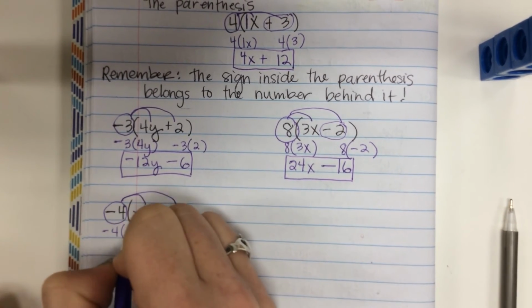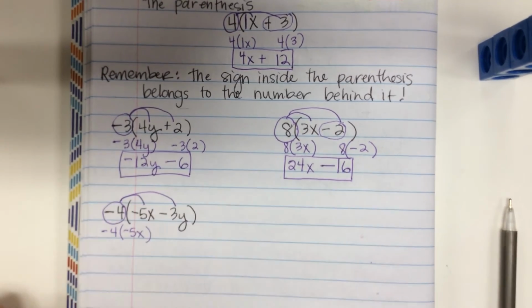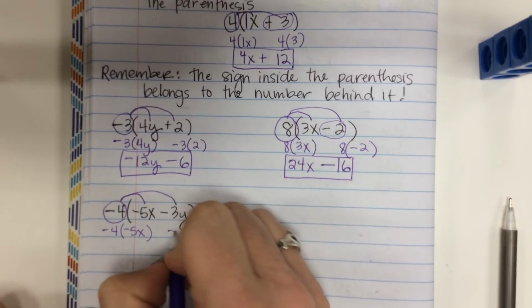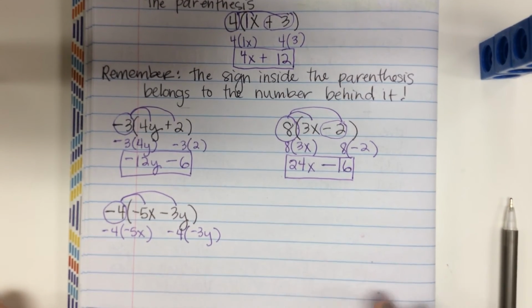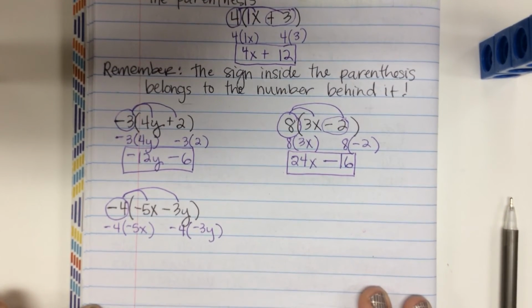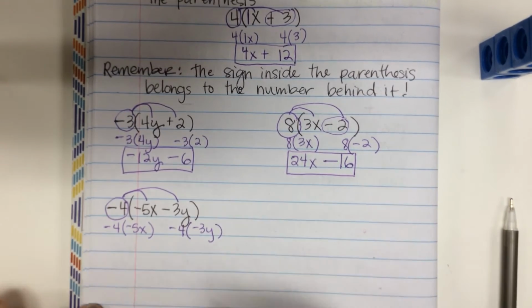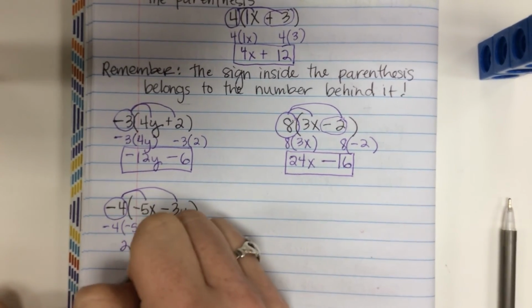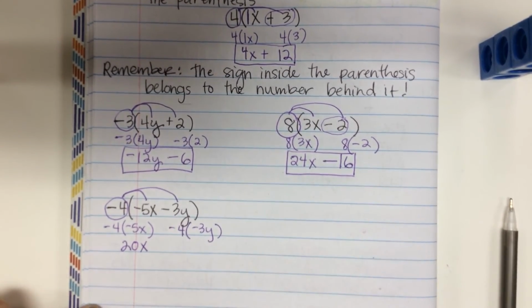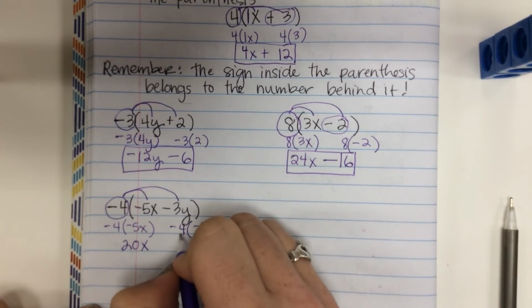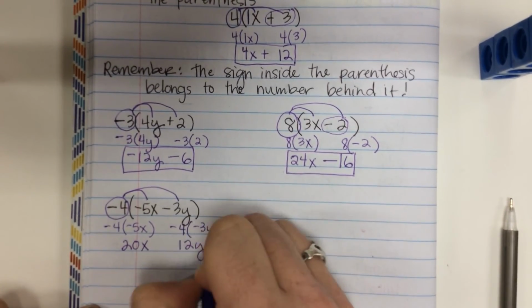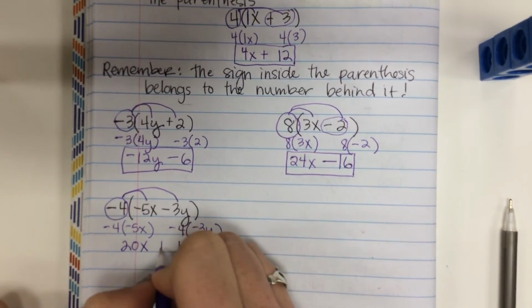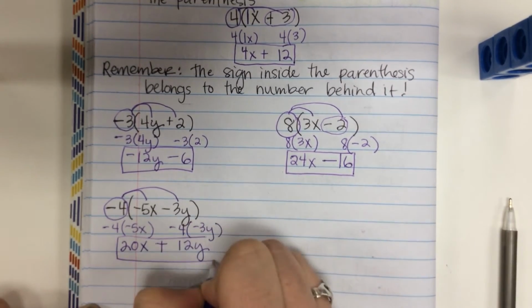Negative 4 times negative 5x, negative 4 times negative 3y. Negative 4 times negative 5 is positive 20x. And negative 4 times negative 3y, negative 4 times negative 3 is 12y. And it was positive, so I'm going to put a plus sign.